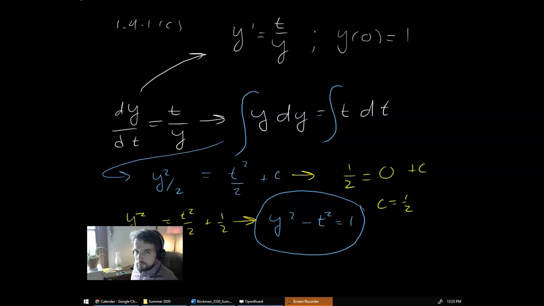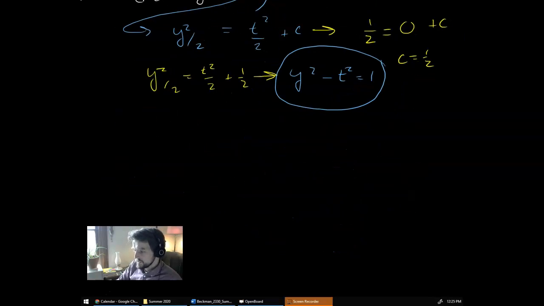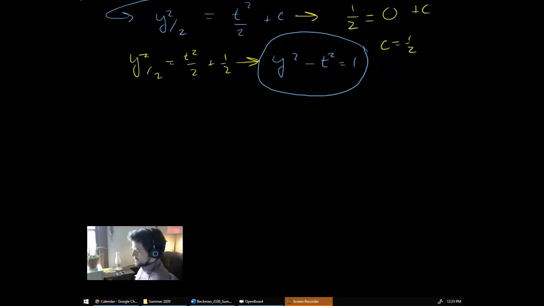Now, for this one, if we want to use Euler's method, it's really nice to be able to have y solved explicitly. So let's just go ahead and do that real fast. To solve it explicitly, that means get y by itself.